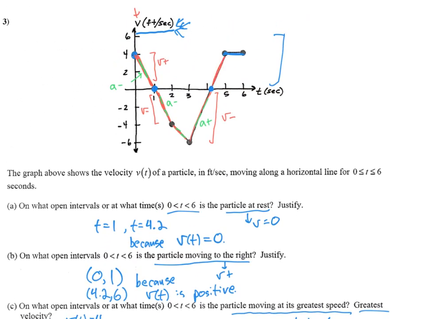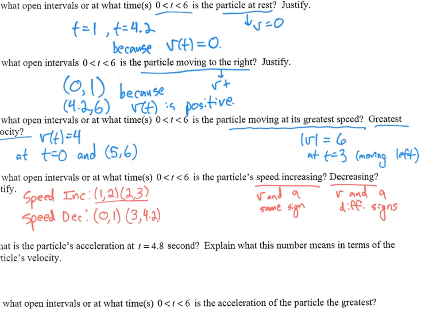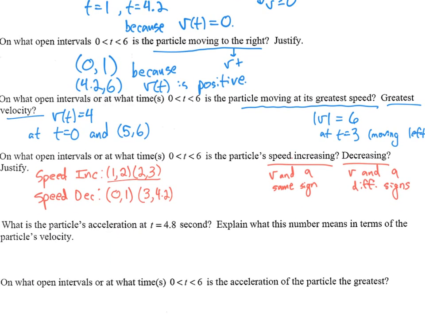This interval, we see that the velocity is positive because, again, our velocity graph is above the t-axis, and then our slope, which is acceleration, is positive as well. So I would say that the speed is also increasing from 4.2 to 5.